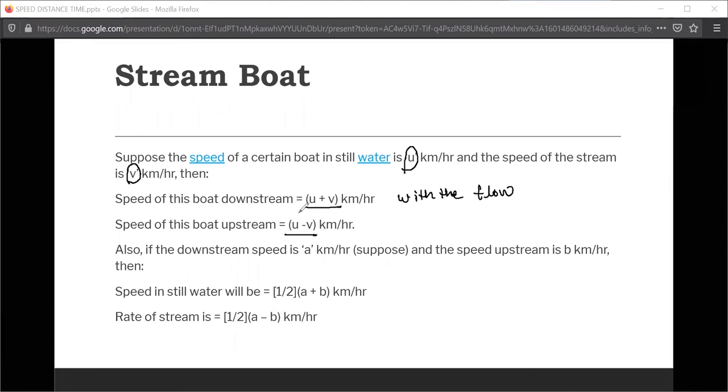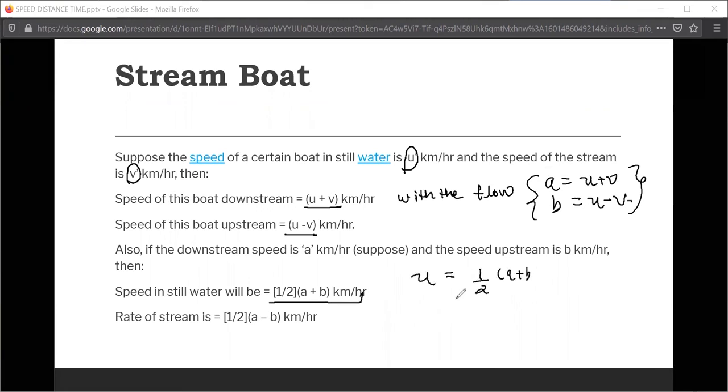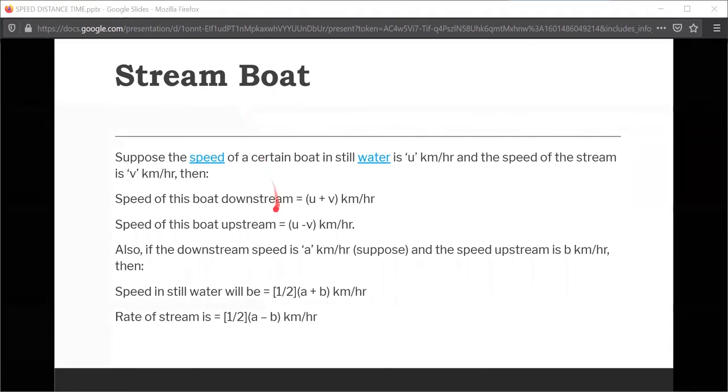Suppose we call this speed a, so a equals u plus v, and suppose I call the upstream speed b and write it as u minus v. Solving these two equations, you will get that the speed in still water, that is u, is half of a plus b, and you get v as half of a minus b. You can solve these two linear equations. Let's move to our next problem.